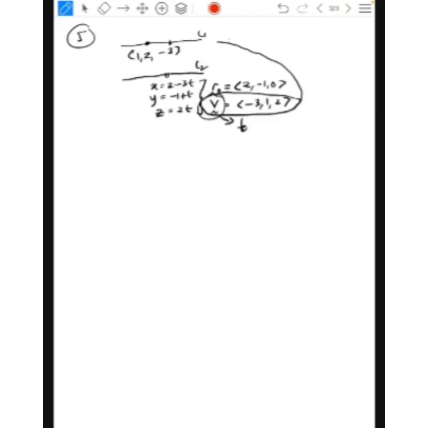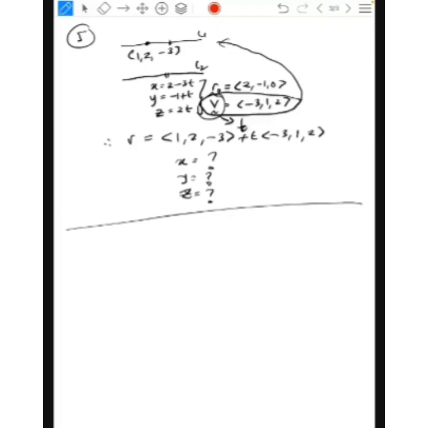Okay, sebab dia adalah selari, so vector tu mesti selari juga. So R equals to (1, 2, -3) tambah t(-3, 1, 2). So keluarkanlah dalam bentuk parametric equation. What is X, what is Y, and then what is Z.